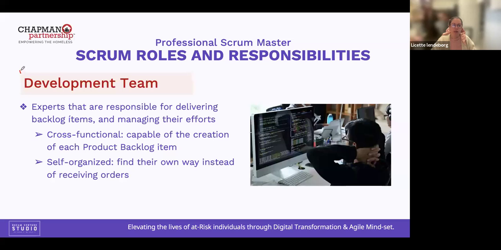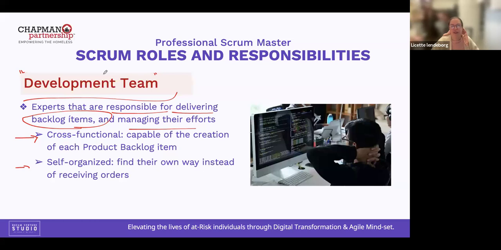So now we know the role of the product owner and the role of the Scrum Master. Now let's talk about the development team. The development team are experts responsible for delivering the items, doing the work, and managing their efforts. I love that. Remember the 2 terminologies that we learned at the beginning of the class: we are the development team, not we, because I'm the Scrum Master.